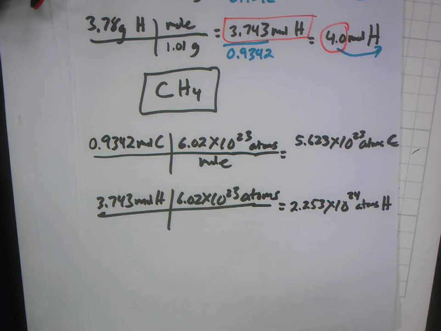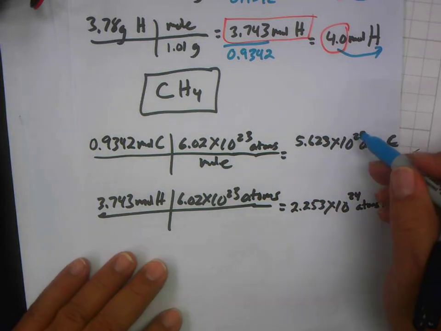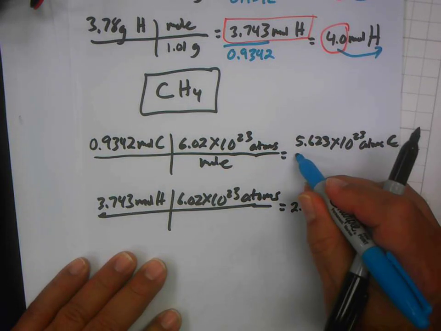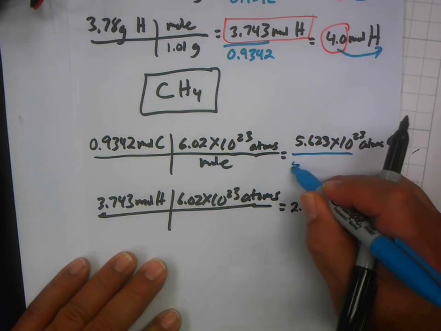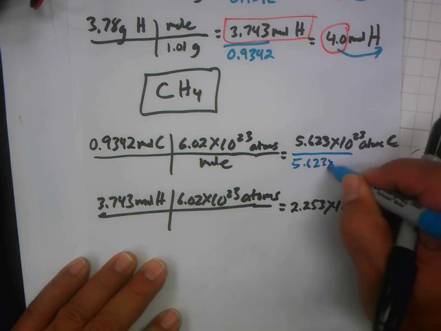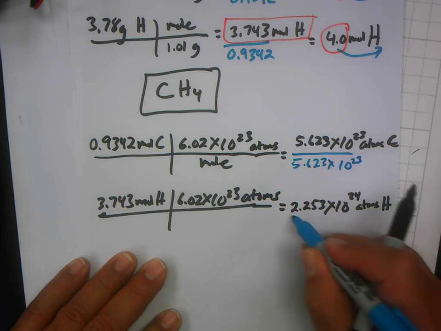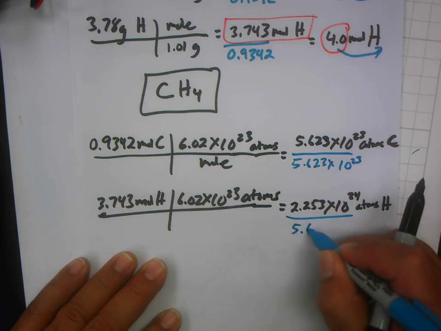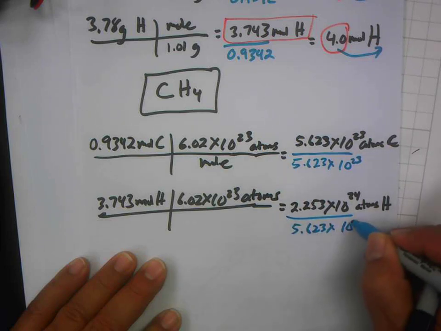That tells you what digit place you're looking at. And so 10 to the 23rd is smaller than 10 to the 24th. So I'm going to divide both of these numbers by 5.623 times 10 to the 23rd.